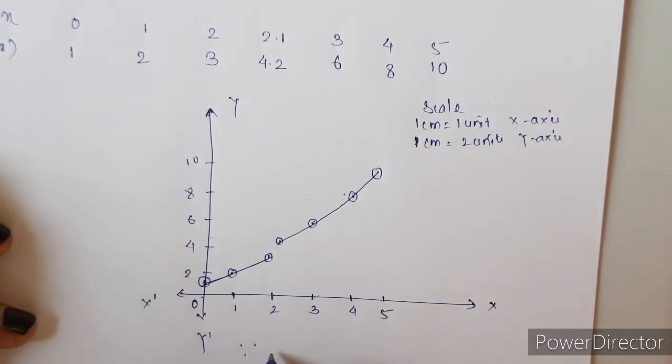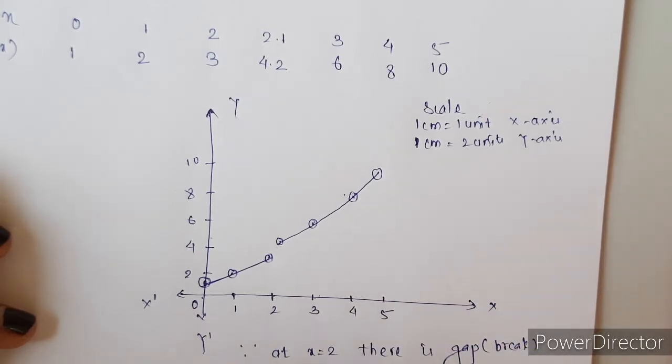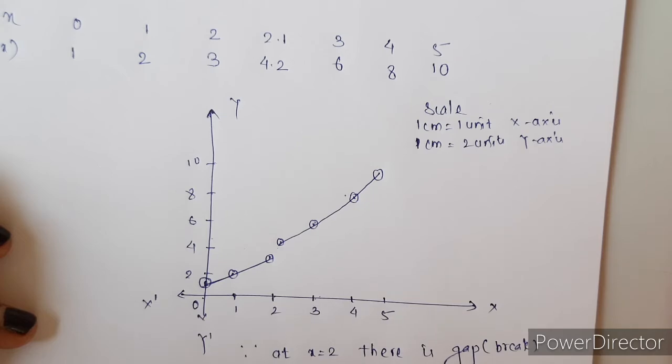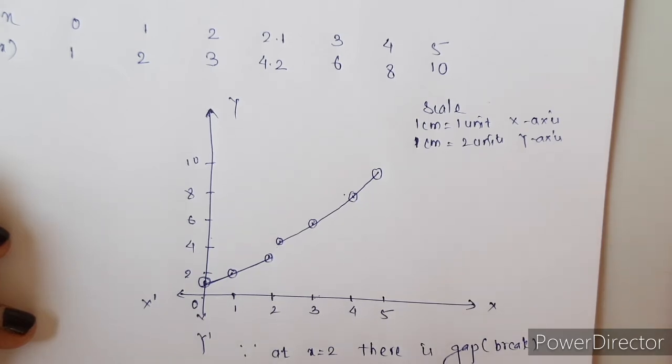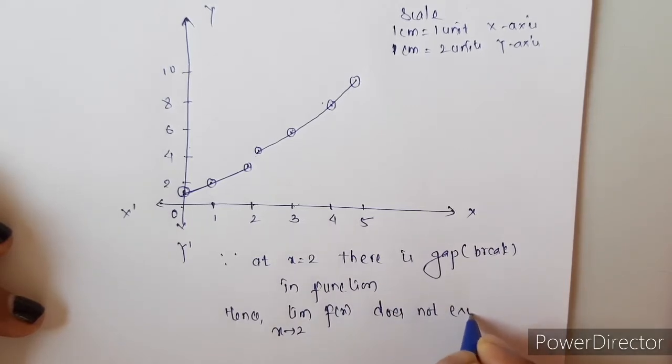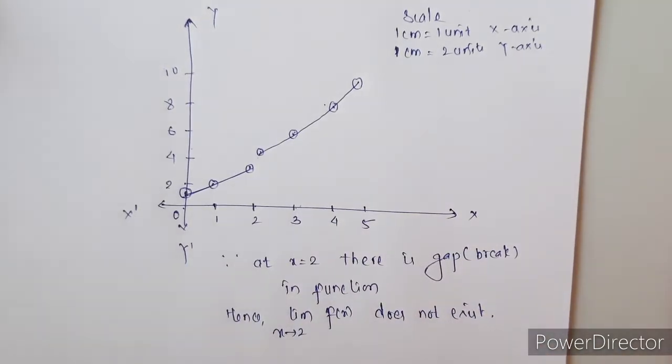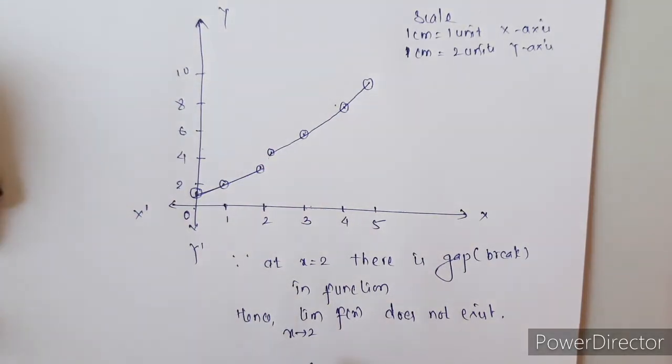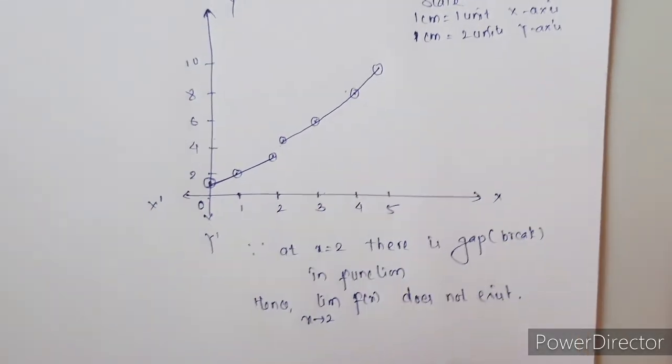So we can write: since at x equals 2 there is a gap or break in the function, hence we can say that the limit of the function when x tends towards 2 does not exist.